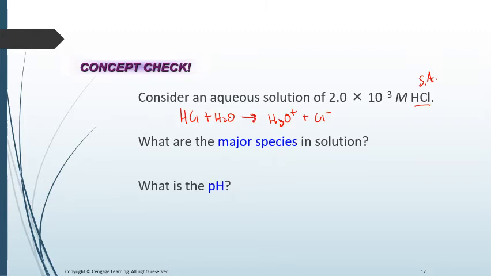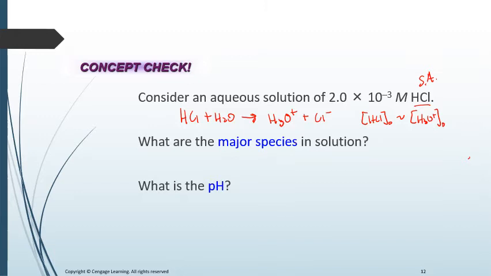So in this case, strong acid, it is going to go almost to completion. So we know that the HCl concentration initially will be approximately the same as the H3O plus concentration in the solution.